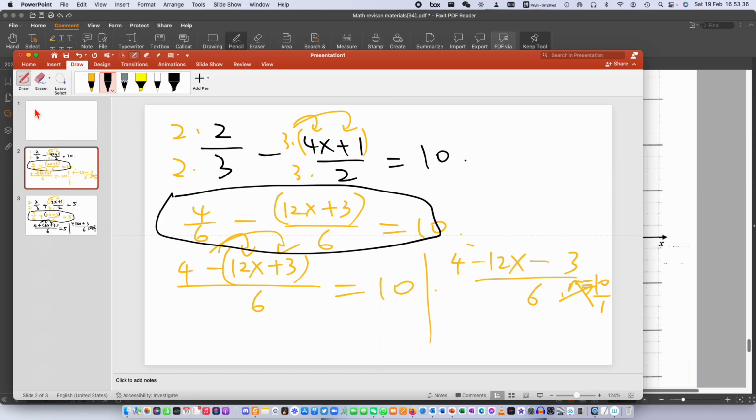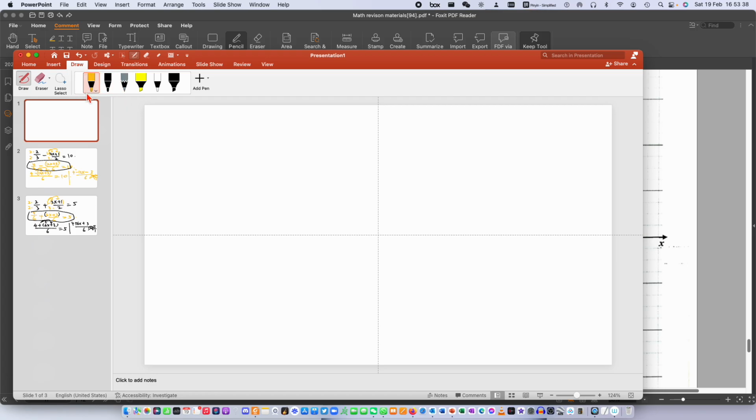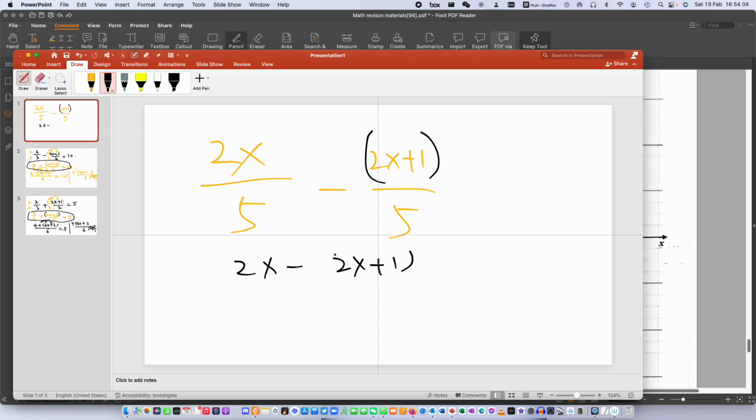So similarly, if you have this, is it the same denominator? Yeah. So what did I say just now? Same denominator, put bracket. Correct or not?